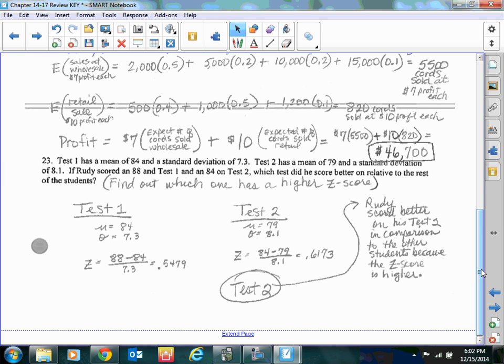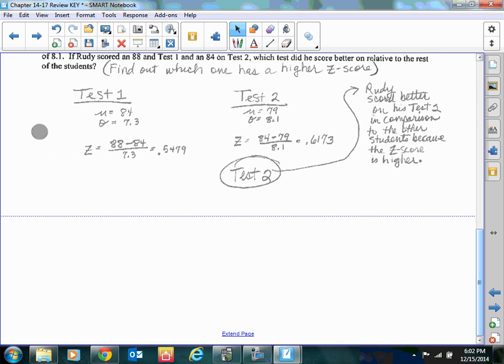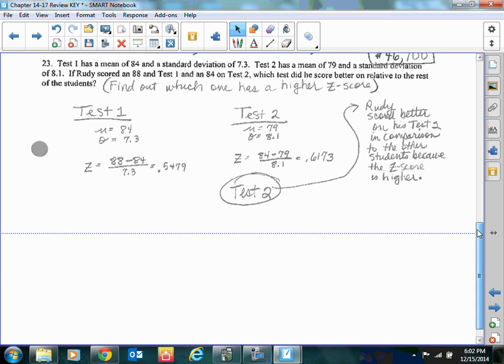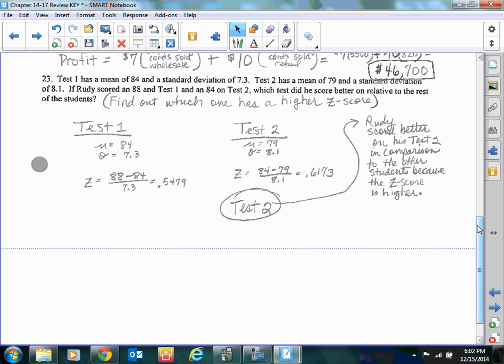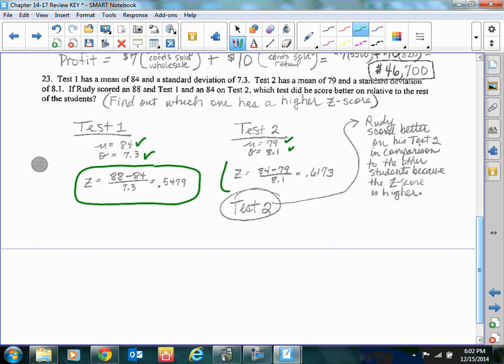You just remember that if you know how you perform on one test and you know how you perform on the other test, well, they had different means and different standard deviations, okay? So in order to compare one test to the other, you have to compare your z-score. And if you can compare your z-score, the one that you are higher up from the mean.